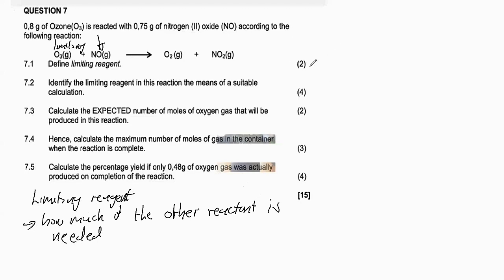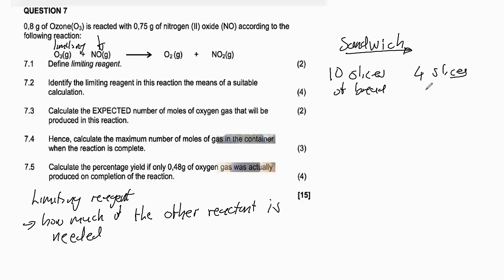So if I have to employ an example here, suppose that you are running a sandwich business. Then suppose that you are making sandwiches, and you have 10 slices of bread, and you also have 4 slices of cheese, right?